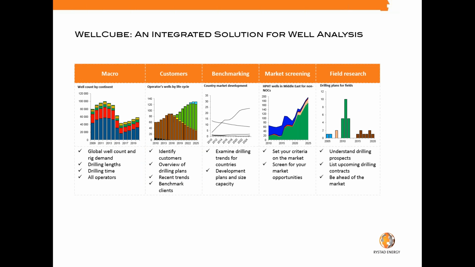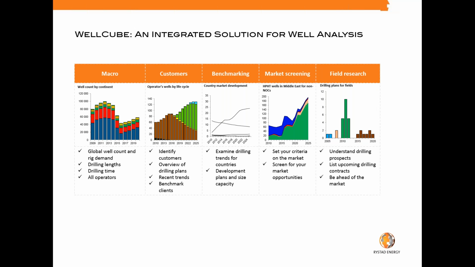So hopefully this gave you a bit of understanding of our methodology. Now I will move over to some case examples. Typically one can use the well cube to look at macro trends. These include the global well count and rig demand.